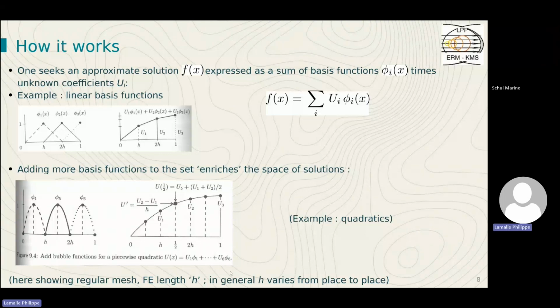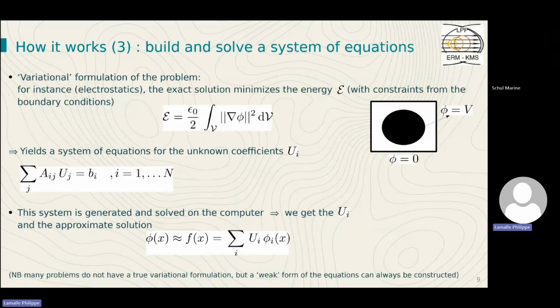This shows you the case of a regular mesh where all the elements have the same length. But of course, in actual problems, it's usually appropriate to make this dimension vary from place to place in order to capture all the phenomena that you're interested in.